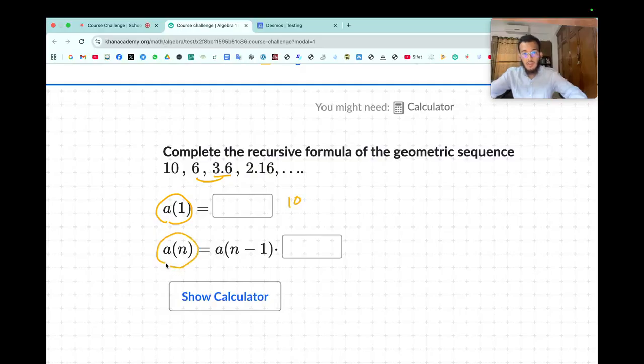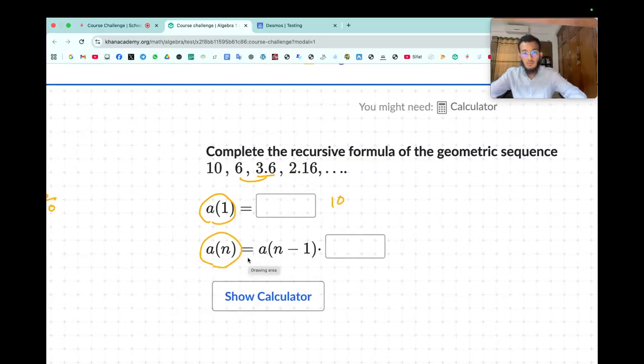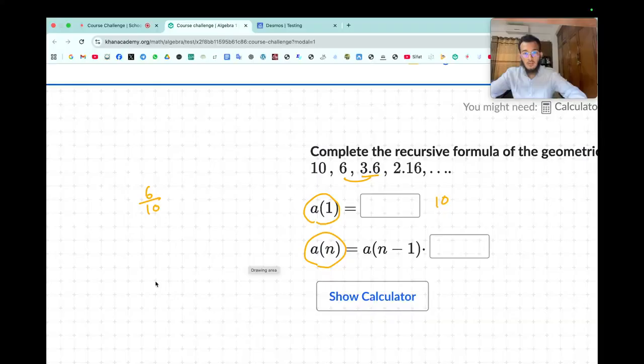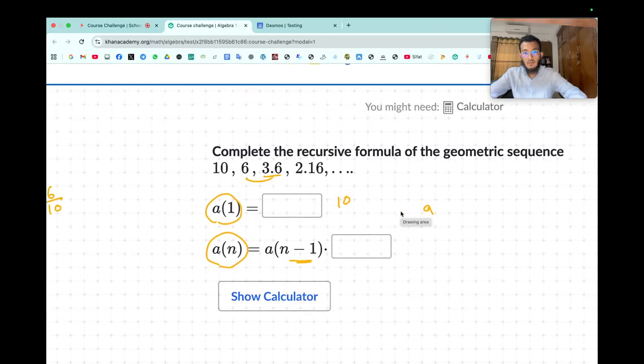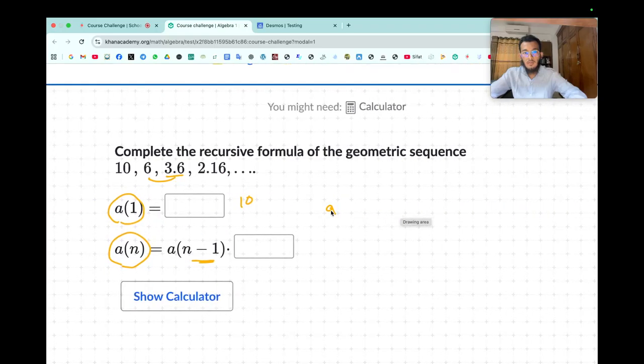they're asking for the nth term, so we know that it is a, and then they have given n minus 1. Okay, so the nth term is a times the common ratio to the power n minus 1.